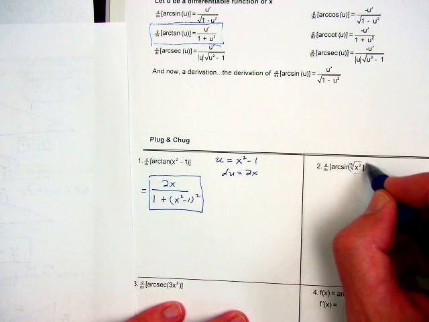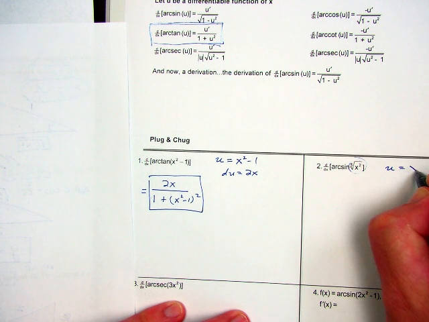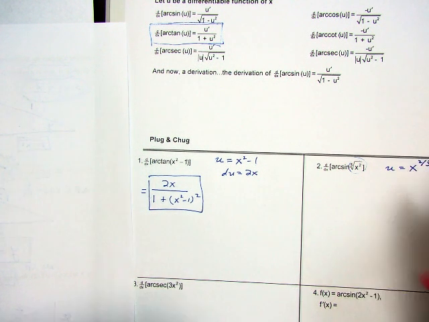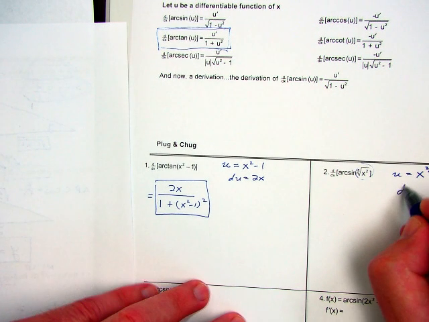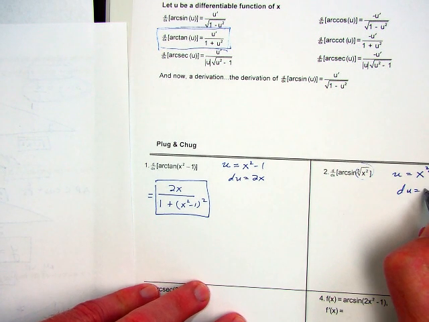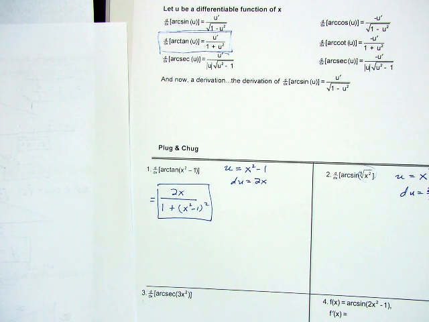I want to note that that is really equal to x to the 2/5 power. It's important to note that. That's what our u value is. What is the derivative of that? It's 2/5 x to the negative 3/5. So we have to make sure we understand where everything is going to go.